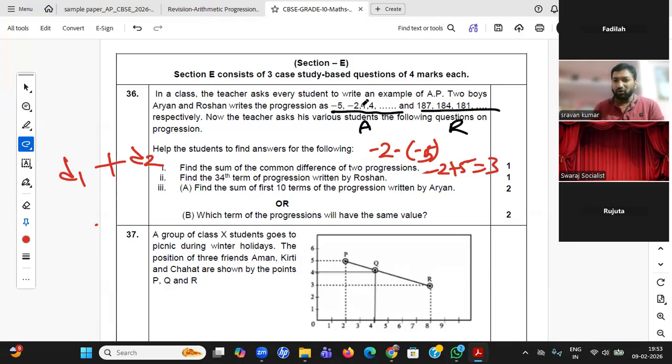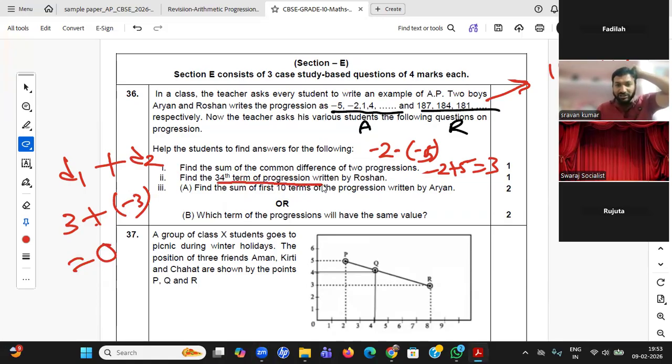D2 minus D1 or 4 minus 1 also you can do, 3. Plus, what is D2? Here the common difference will be 184 minus 187, minus 3. 3 minus 3, 0 is the sum of the common difference. Yes, right. Okay, sum of common difference is 0.